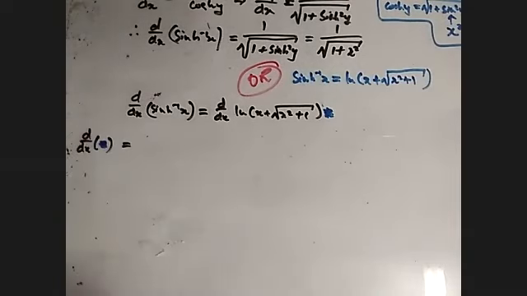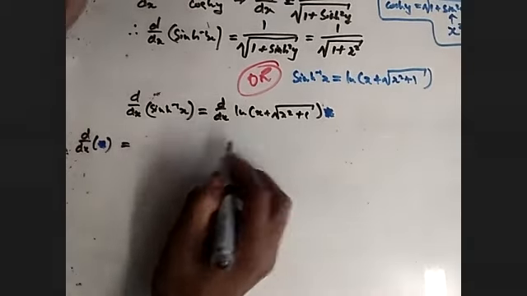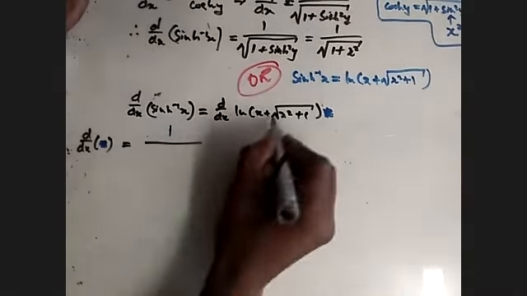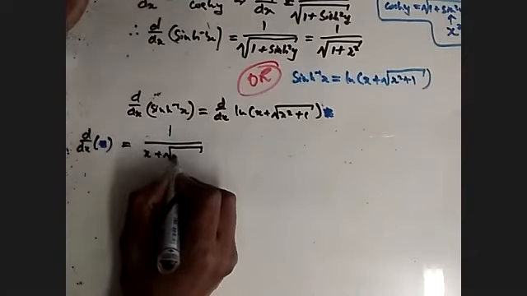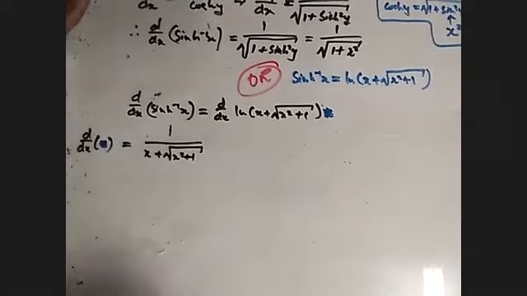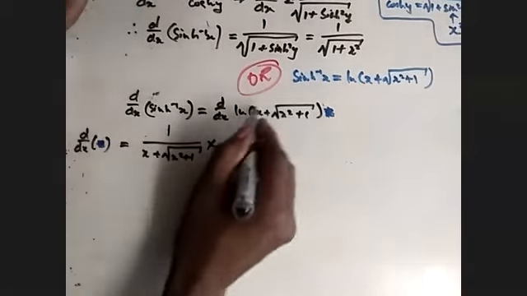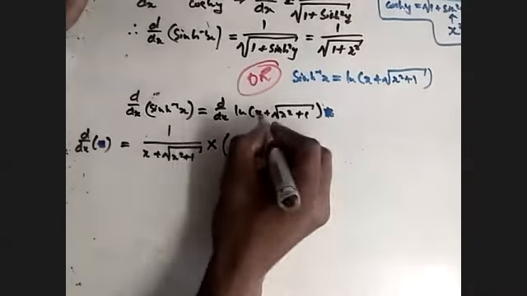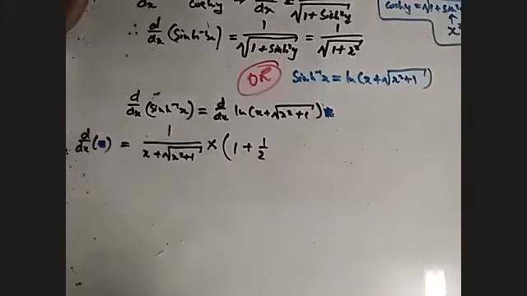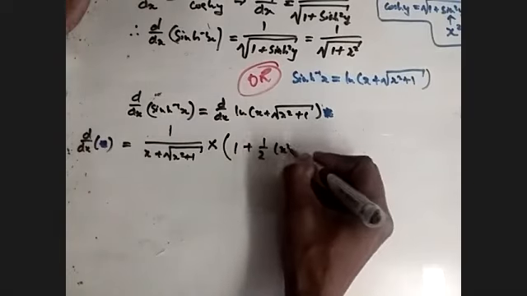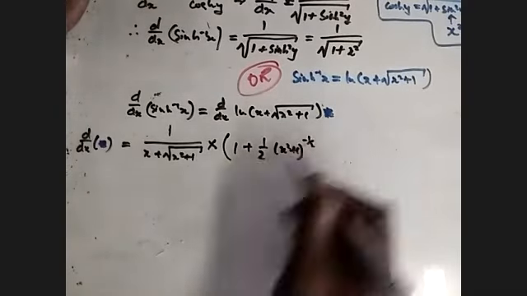is given by, and I said to you, every time you use ln, you must remember that you must have 1 over everything that is inside the bracket, x plus the square root of x squared plus 1, multiplied by the derivative of what is inside the bracket. The derivative of x is 1. The derivative of the square root is 1/2 multiplied by x squared plus 1 to the negative 1/2.